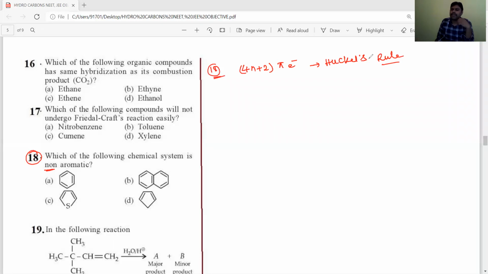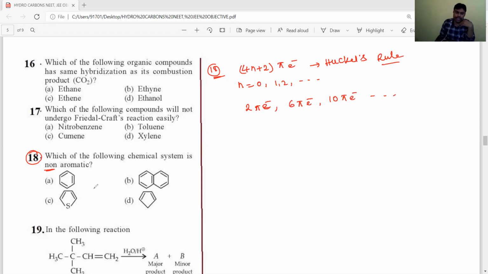If it follows, then it is an aromatic compound, where n equals 0, 1, 2, 3 like this, which indicates 2 pi electrons, 6 pi electrons, and 10 pi electrons like this.